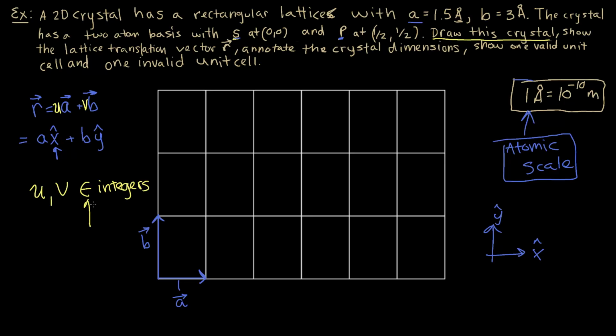So this symbol here, I don't think I've used it yet in this series, means that U and V are a member of the set of integers. So they can go from minus infinity to positive infinity in steps of 1. You could be 0, 1, 2, 3, minus 1, minus 2, minus 3, etc. Just to be as clear as possible about that.